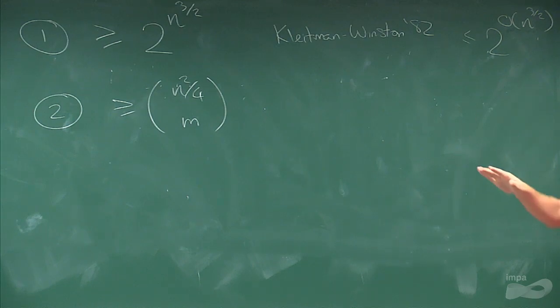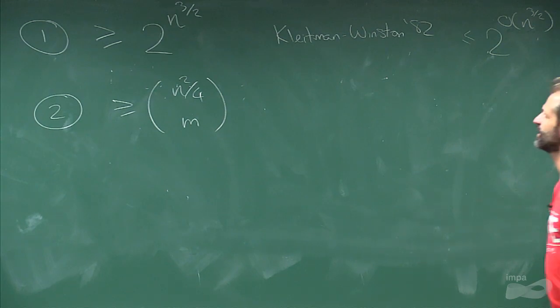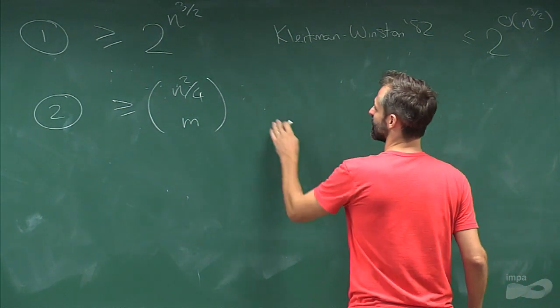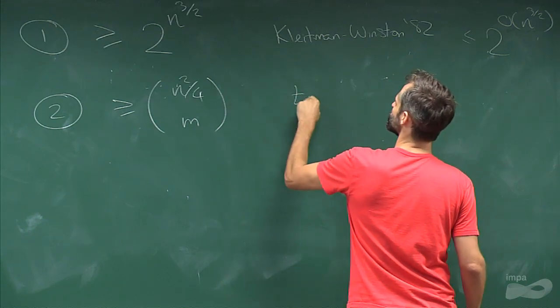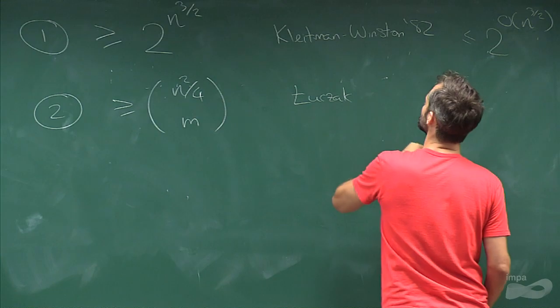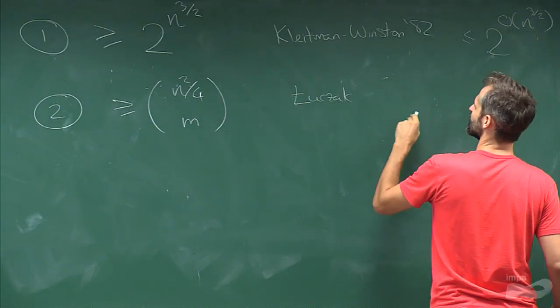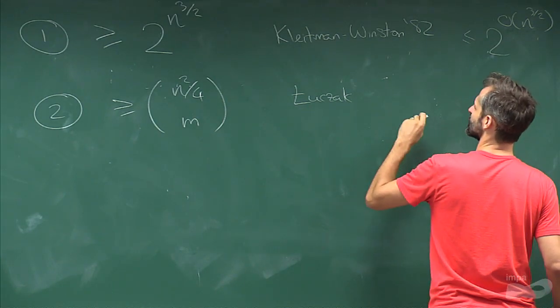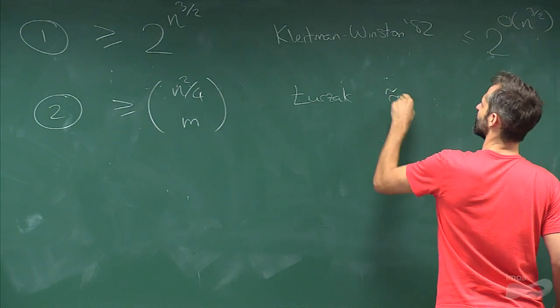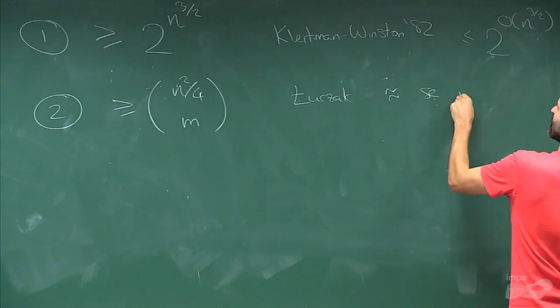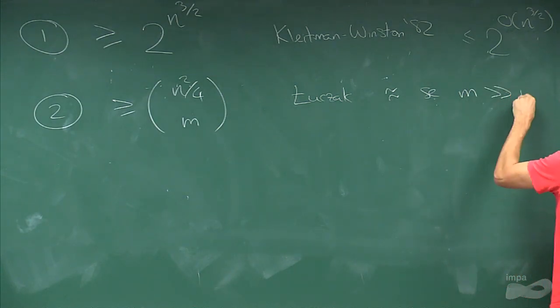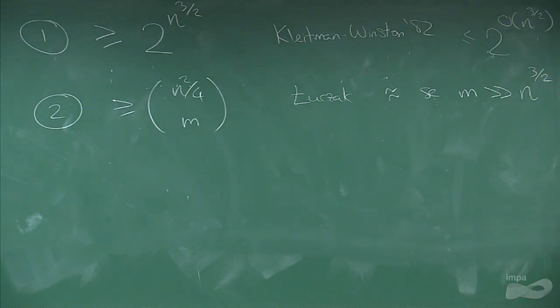Take a complete bipartite graph, take any m edges. I think Erdős, Kleitman, and Rothschild first proved this. This is roughly correct if m is much bigger than n^(3/2).